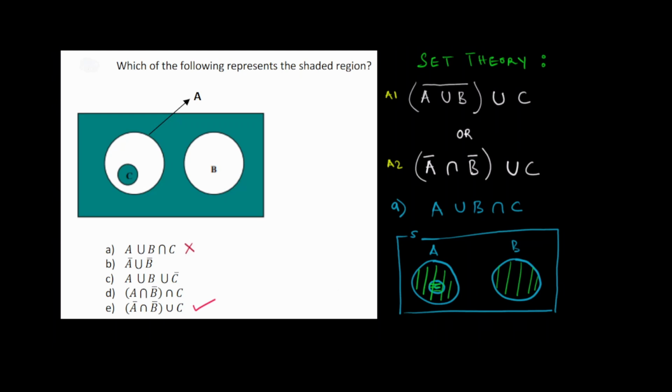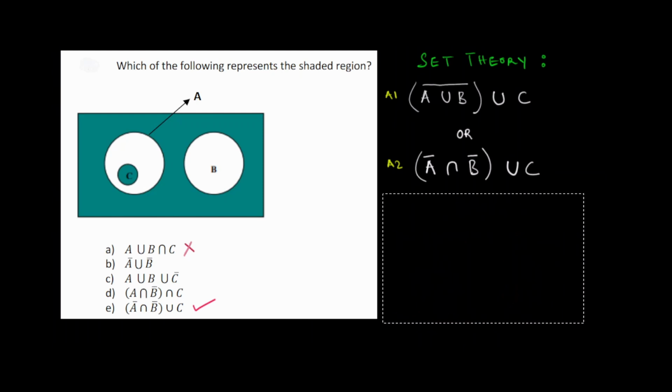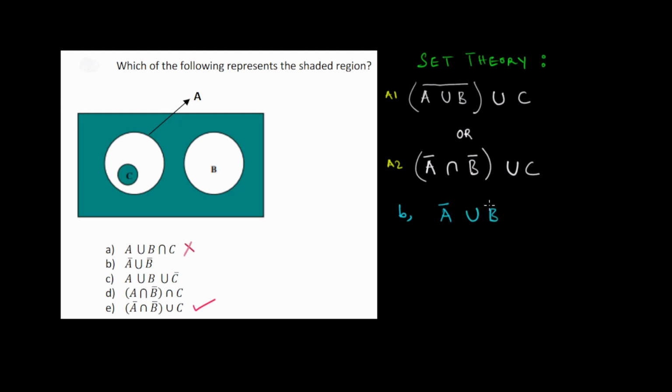Now let us go to option B to see what it's going to be like. So in order for us to go to option B, we have to remove this part. We have removed it. Our option B, what is it saying? It's saying the complement of A union the complement of B, like that.